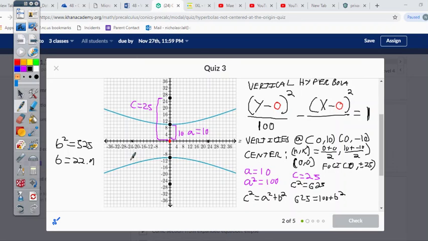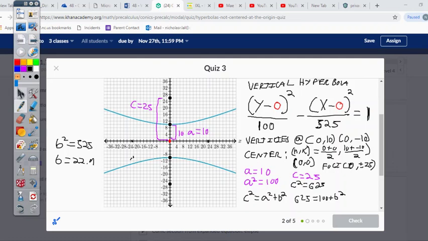And this is where our asymptotes would go. But anyways, this is going to be b squared, so this is going to be over 525.